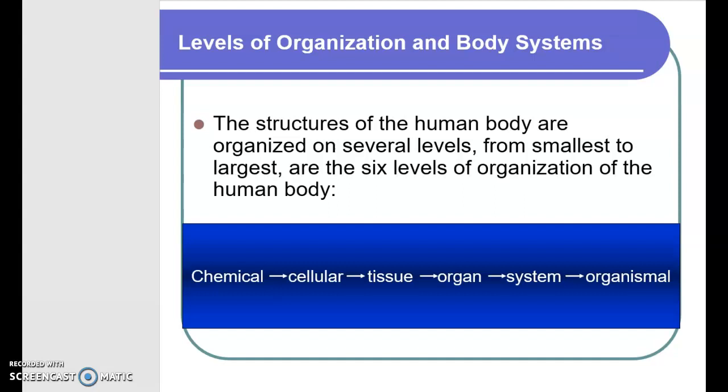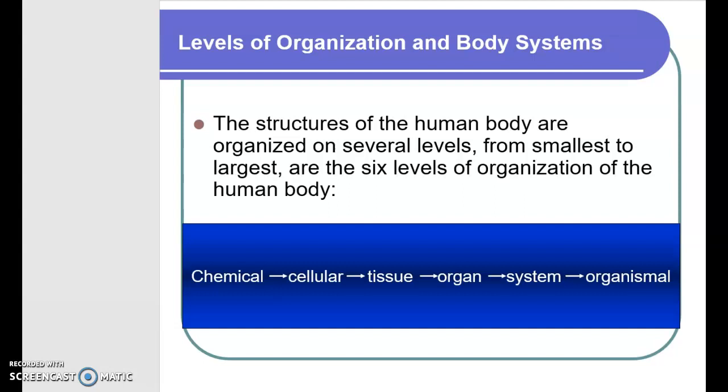But when we take a look at the body and how it's organized, we basically see that there are several different levels, and we're going to say 6, and we're going to organize them from smallest to largest. And this is just for the human body. If you think back to biology, we went on all the way to the ecosystem, but we're stopping shorter because we're just looking at the human body.